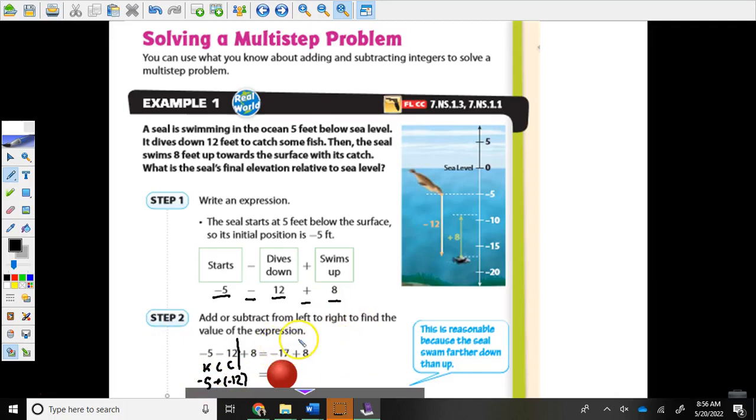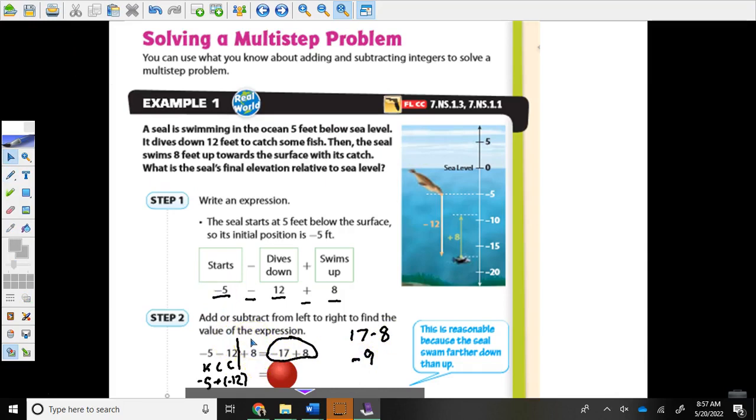And then right here, since this is adding with a different sign, this would be 17.2, which is basically 17 minus 8 is 9. And then we keep the sign of the bigger number. So we have -9. What is my answer?